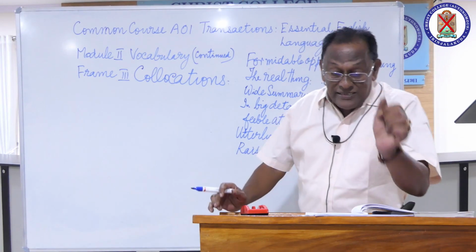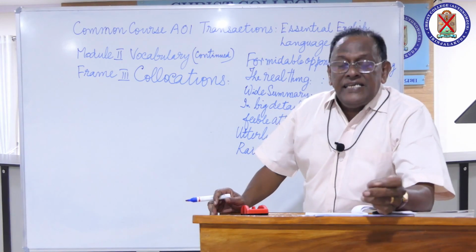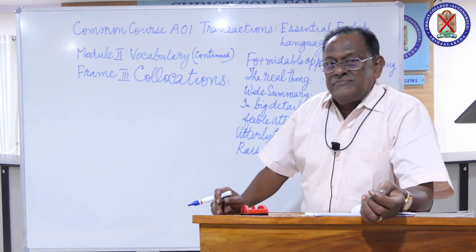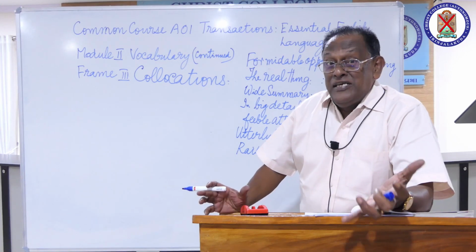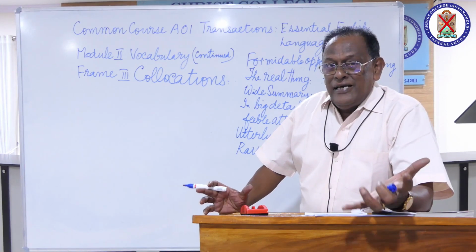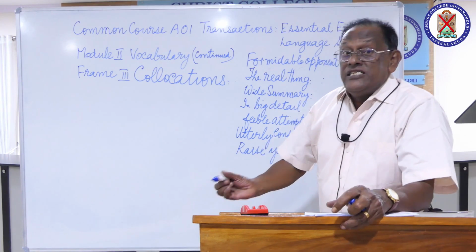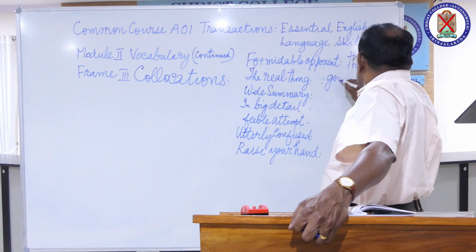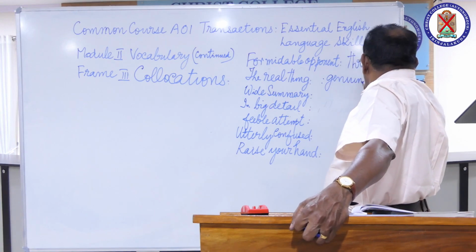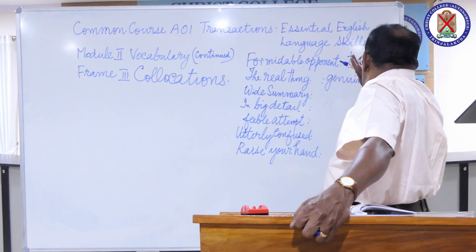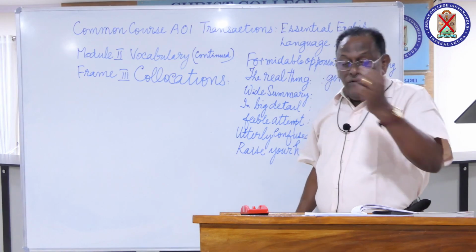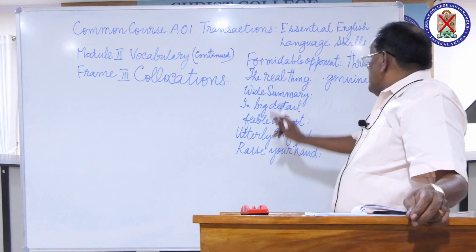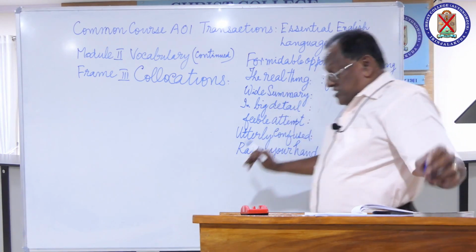The second one is the real thing. What do we understand by the real thing? The real should go with the word genuine. Genuine. Okay. The third one is wide summary.